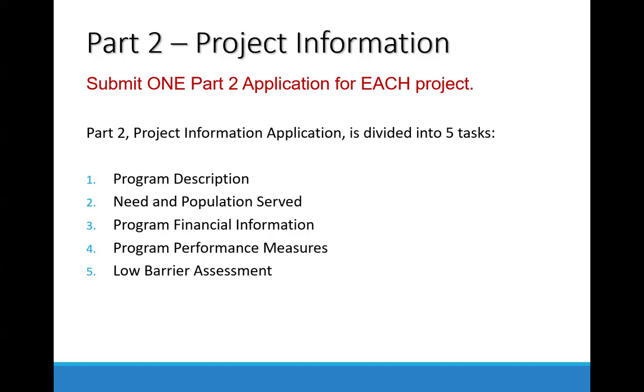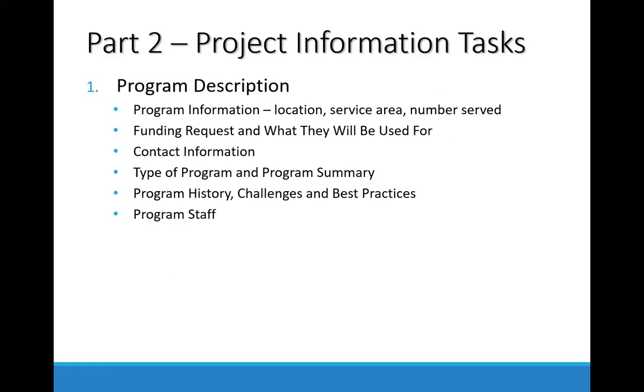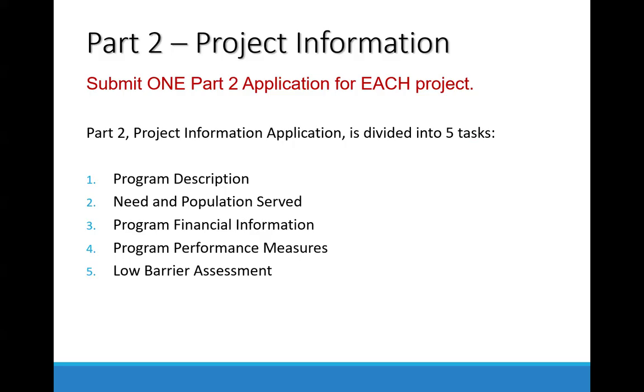Then part two, the project information application, is divided into 5 tasks, and remember to submit a part two application for each project: program description, need and population served, program financial information, program performance measures, and low barrier assessment. So reminder, one for each project. If you have 3 projects, you'll have to do 3.